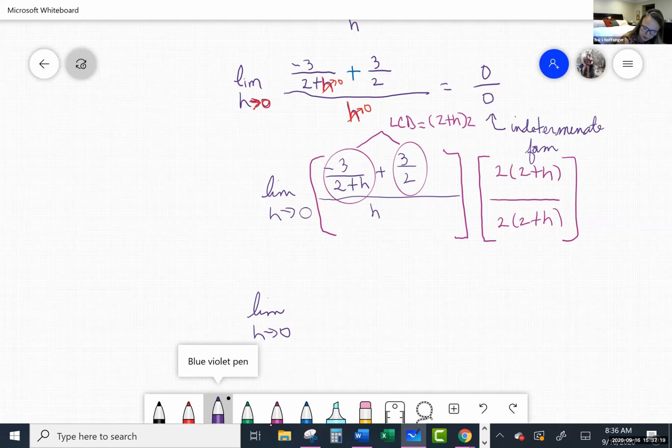But we have to distribute this 2 times 2 plus h over here too. So 2 times 2 plus h all over our denominator of h times 2 times 2 plus h.